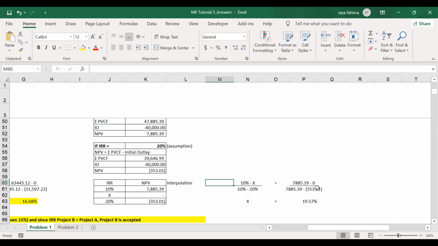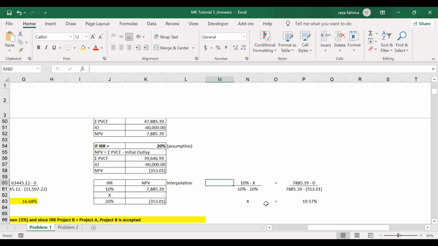It means we are making our NPV become 0, divided by the NPV if the IRR is 10% minus the NPV when the IRR is 20%.